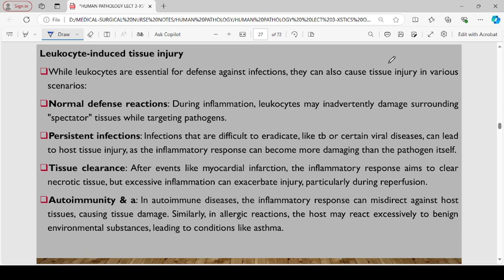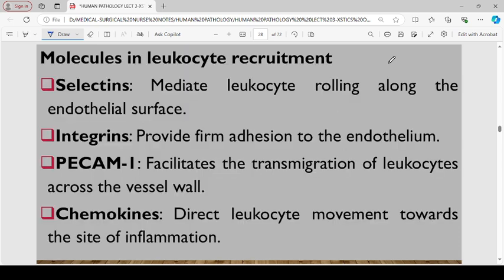During inflammation, leukocytes may inadvertently damage surrounding spectator tissue while targeting pathogens. It could also result in persistent infection, tissue damage, and some of the autoimmune diseases resulting from leukocyte-induced injury.